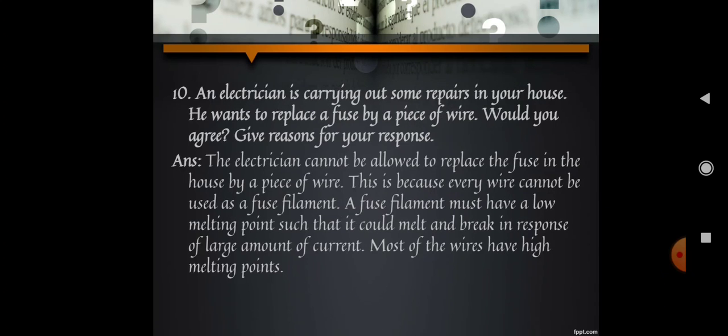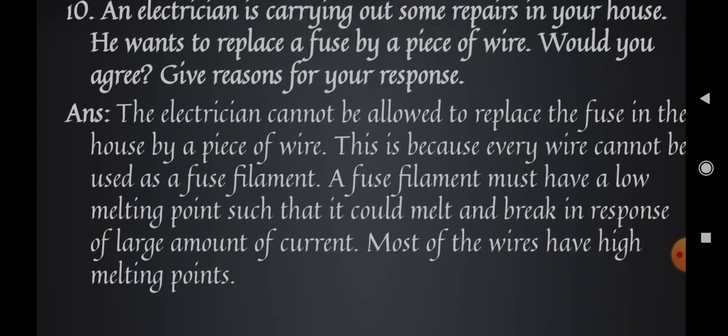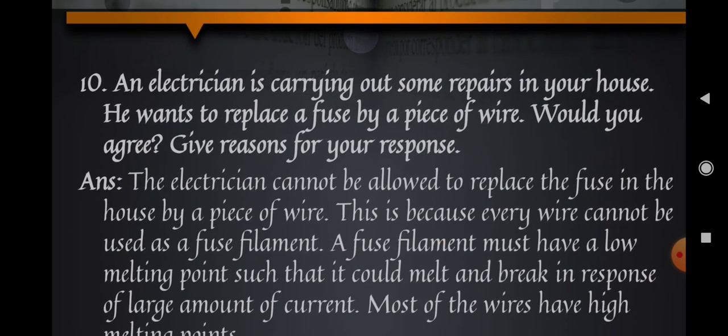Moving to the next: an electrician is carrying out some repairs in your house. He wants to replace a fuse by a piece of wire. Would you agree? Give reason for your response. A normal piece of wire is made of copper, and copper is a good conductor of electricity. Suppose he replaces the fuse with a normal copper wire, then what can be the possibility? The main function of a fuse is to save your device from the excessive flow of current.